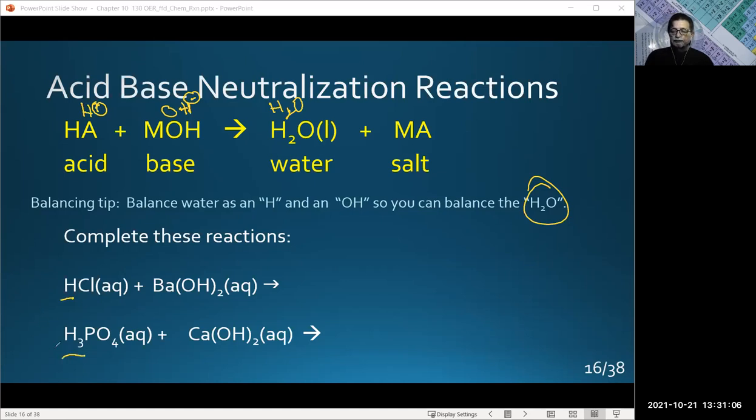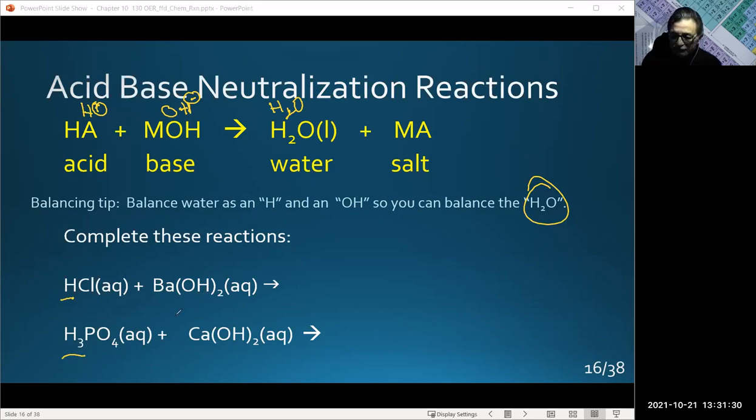Eventually you start picking up on which are the acids and which are the bases. So we have hydrochloric acid, the same acid that's in your stomach. Then you react it with barium hydroxide. Barium hydroxide is a base because hydroxide is being created.